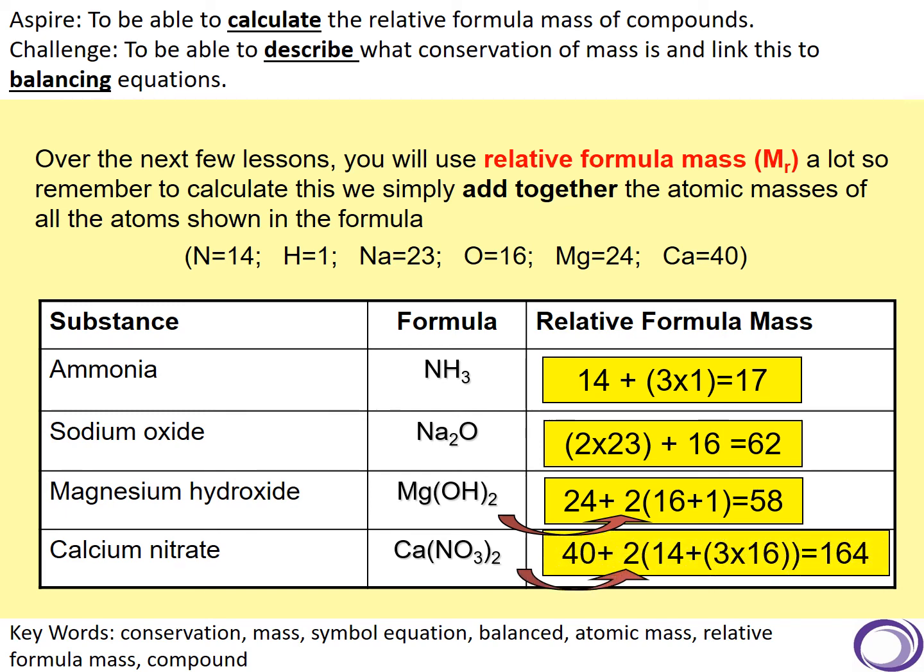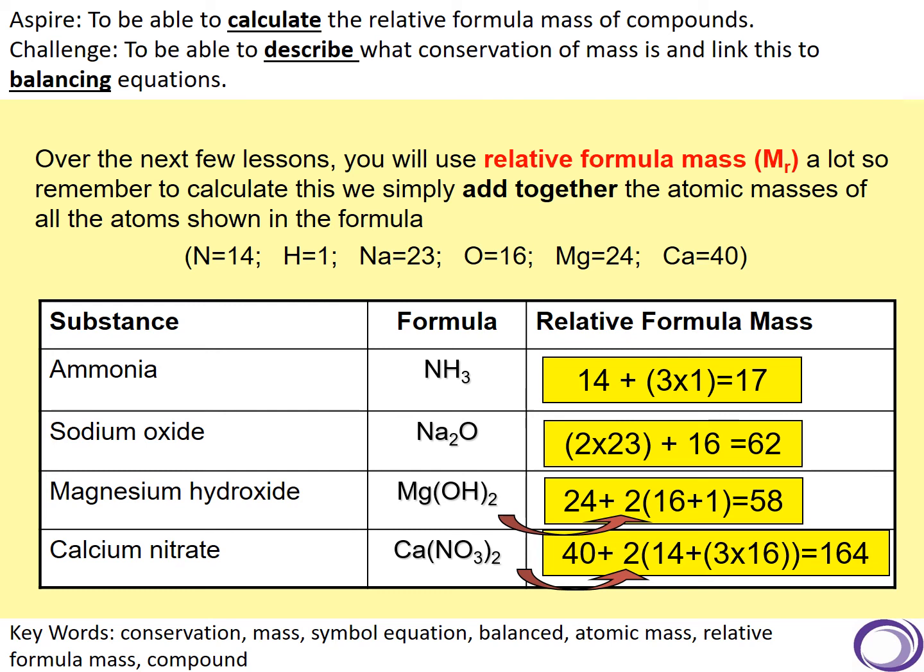And similarly with our calcium nitrate there, we have the calcium, which is worth 40, nitrogen on its own is 14, 3 lots of oxygen, but then we need to multiply that whole lot out by 2 as well, which gives us our 164, but it's only twice what's in the brackets.